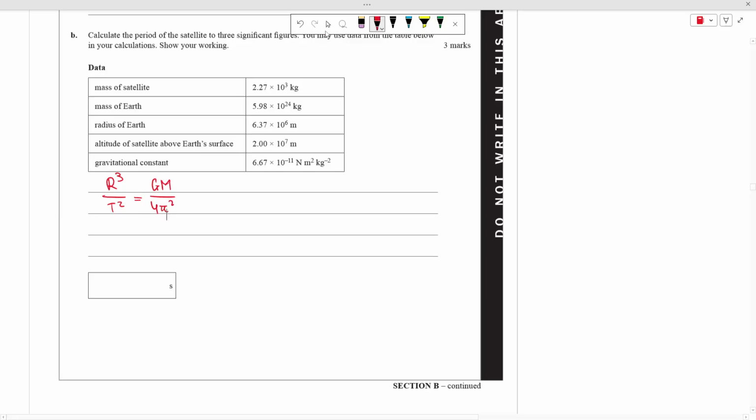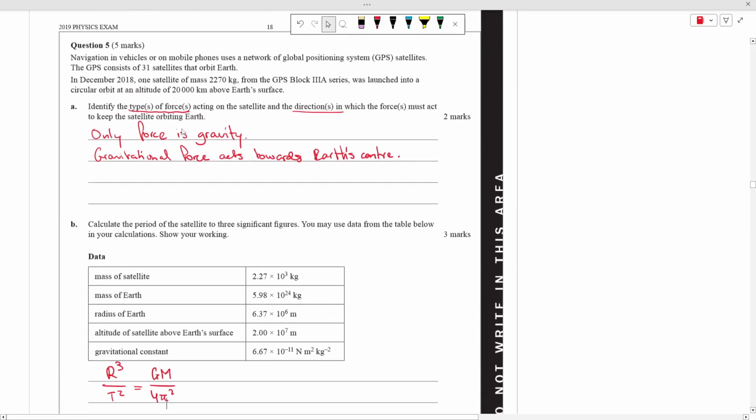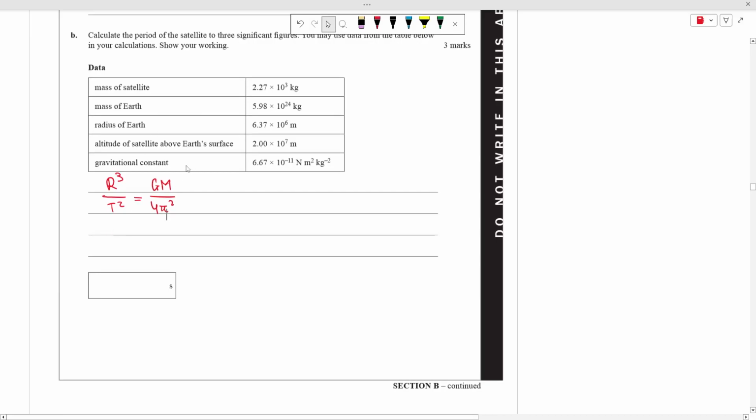I haven't actually read through the data, so we might not even need to use this, but if you don't have how fast the satellite's orbiting, you have to use this formula. I don't think there would be another way to do it, which we don't have the speed of the satellite, so we're going to have to use this one.